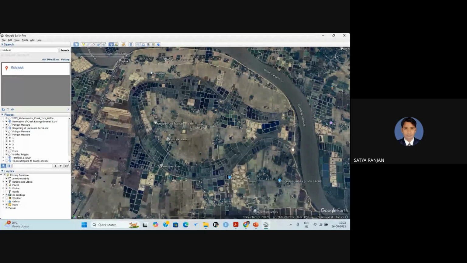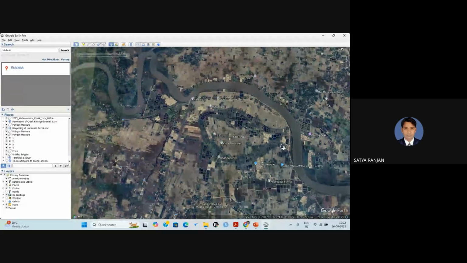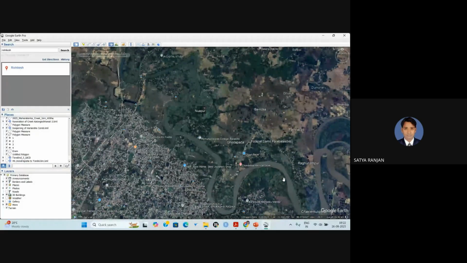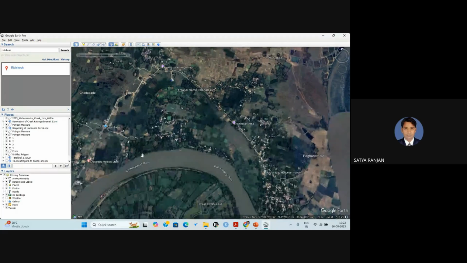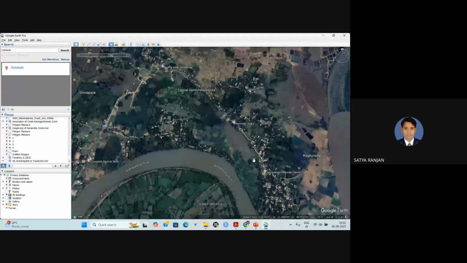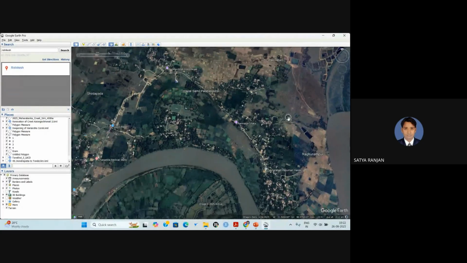So this is the previous paleo channel. This is the old channel of the river. So now it is converted to aquaculture. So in this way, we can also see that this is one of the impressions of the previous river. This is showing.